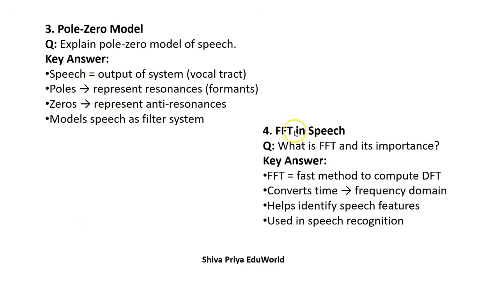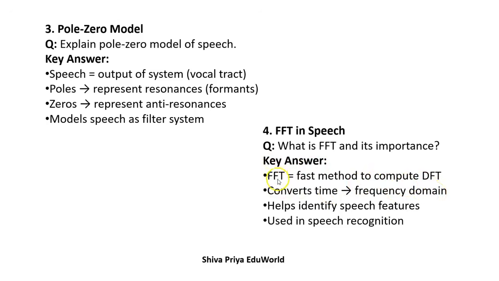And the next topic is FFT in speech. What is FFT and its importance? Here FFT means fast Fourier transform. This is the fast method to compute the DFT. Here DFT means the discrete Fourier transform. This is the fastest method to compute the DFT. Clear? It converts the time domain to frequency domain.